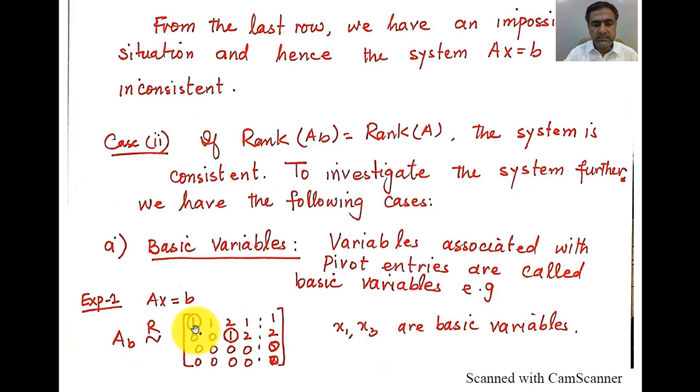Now we can see that there are only two pivot entries in this matrix. One is this one, another one is this one. This entry is associated with variable x1, and this entry is associated with variable x3, and hence in this case x1 and x3 are my basic variables.